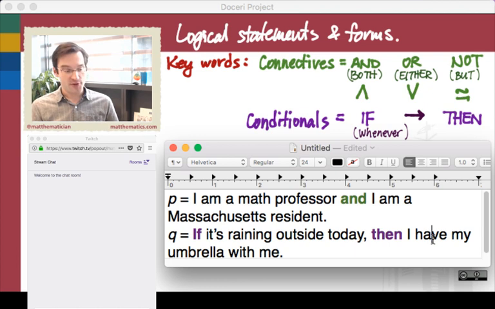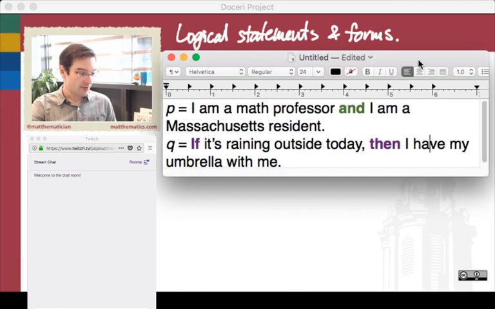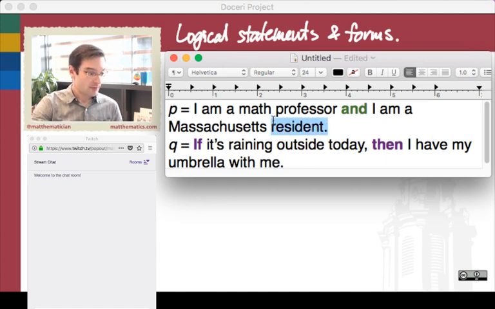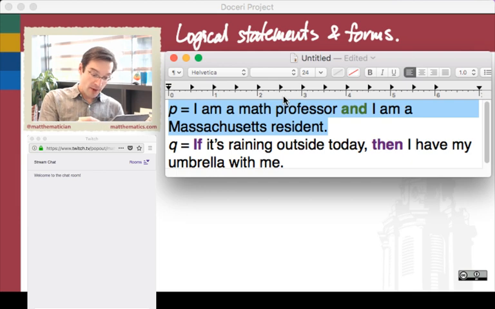So let's apply these ideas that we have so far to the propositions that are on the table right now. I'm going to slide this up here so we get a little bit of space to write. So starting from the first proposition here, I'm a math professor and I'm a Massachusetts resident, I might take that apart into two separate logical propositions.